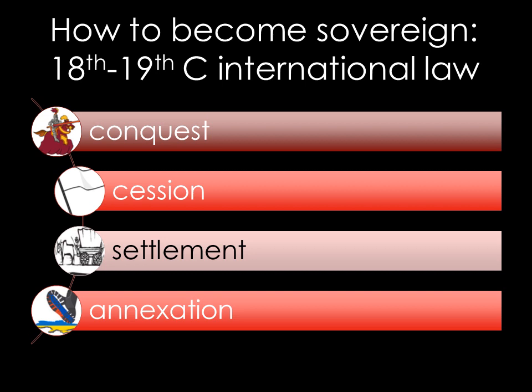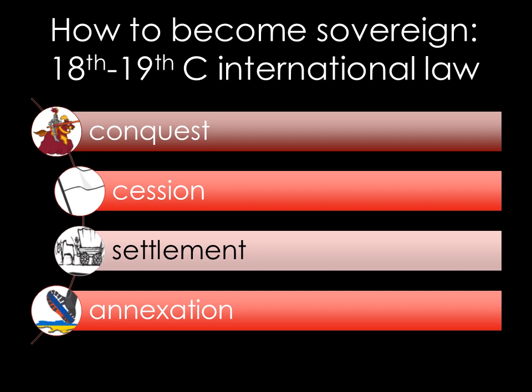So the four ways recognised to become sovereign were conquest, so you engage in some sort of military campaign and you win a war and you take over the territory. The second was cession, so a country would concede their sovereignty to another to rule over them. The third was settlement, which as a concept depended on there being no existing sovereign entity.